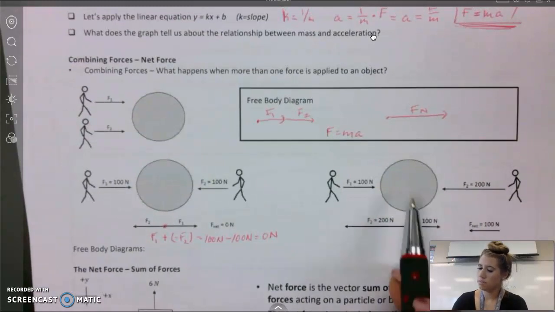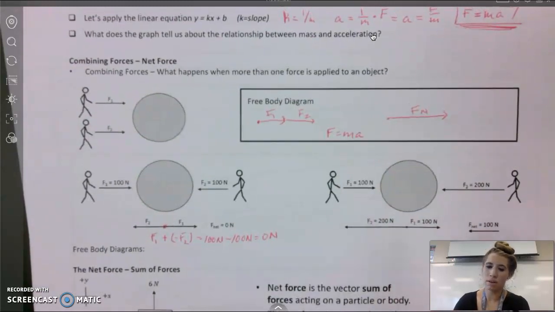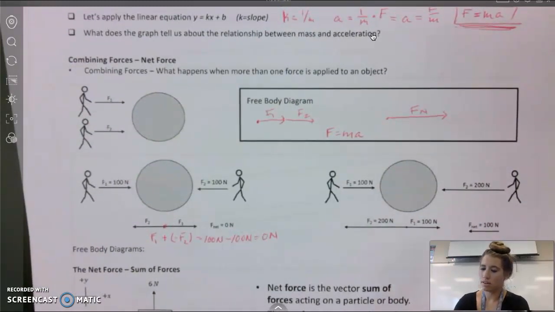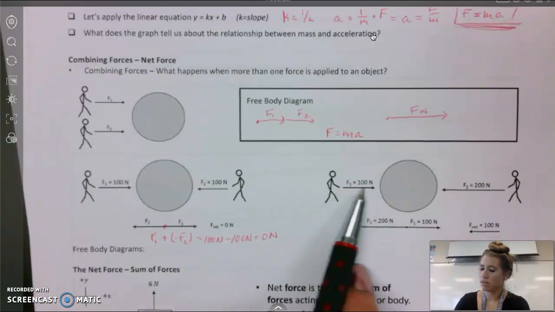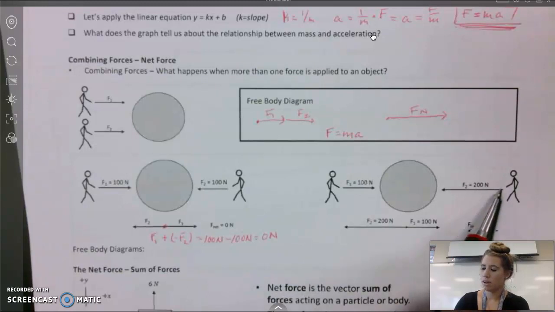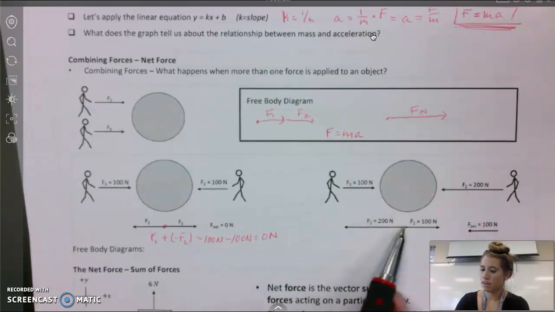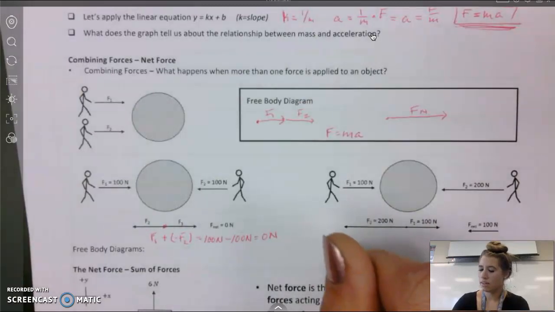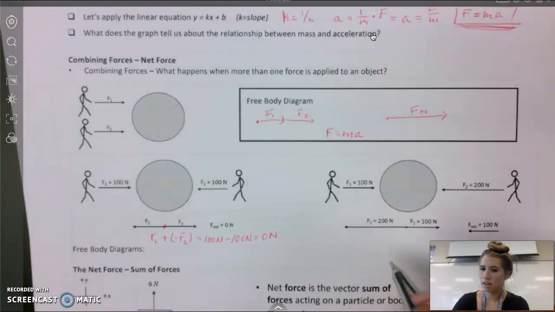Okay? Now here the forces are not being applied evenly. We have 100 newtons in the positive x direction, and we have 200 newtons in the negative x direction. So if I were to add those together, I'd say my force is in the x direction.